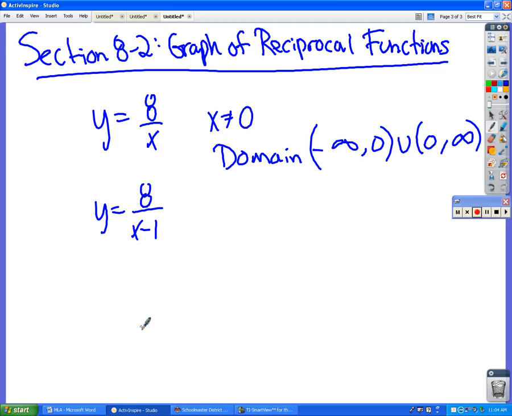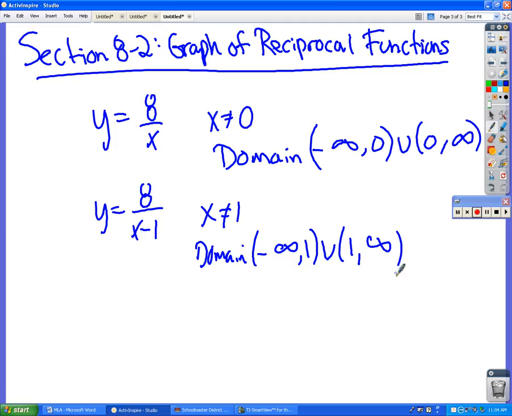What number would I have to put in for x to get a 0 on the bottom? 1. So in this case x cannot equal 1, which means our domain is from negative infinity to 1, and then from 1 to infinity. So when we do these things on the bottom, since it shifts the graph to the right or the left, it also changes the domain of the function.